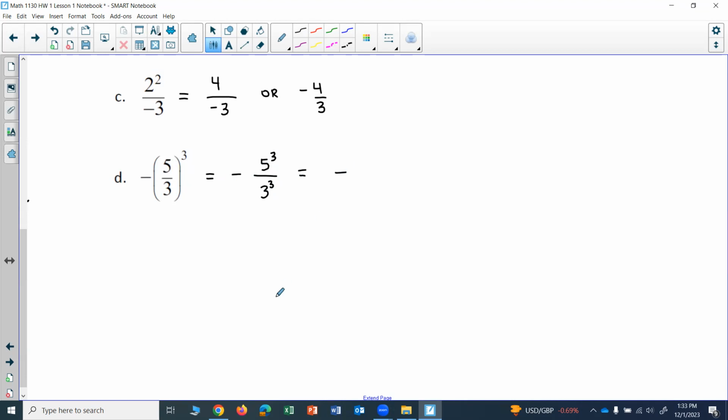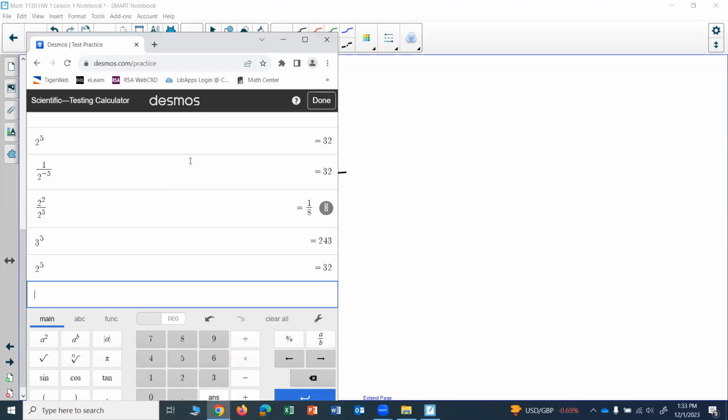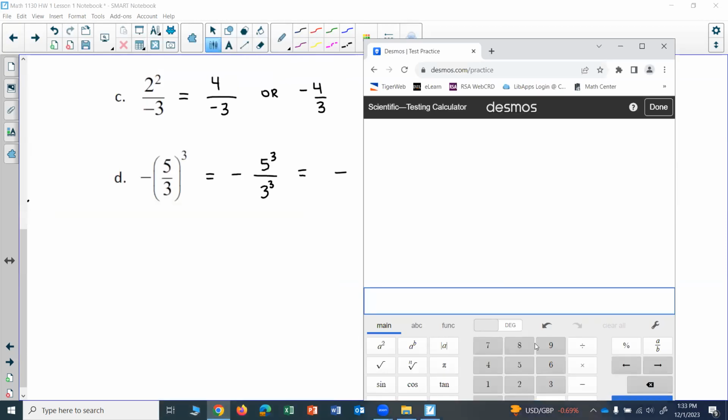If you need to use the calculator, you can use the calculator to figure out your numbers. So I'm going to do 5 raised to the 3rd power, and then 3 raised to the 3rd power. And if you missed this in the previous video, I'm using desmos.com/practice, and I'm using the scientific calculator.